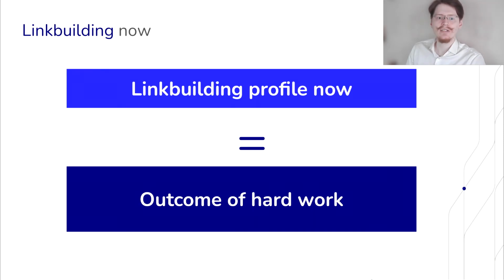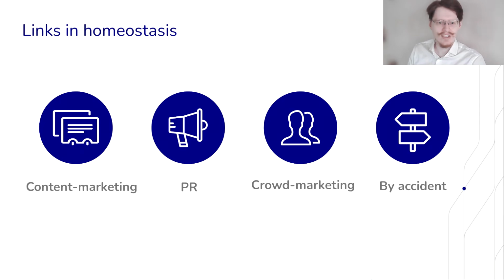Right now, the link building profile is the outcome of hard work. You need to really try to impress Google with that. However, there are some cases when you have links and you don't even think about them. They appear by themselves. For example, content marketing, PR, crowd marketing, and just by accident.